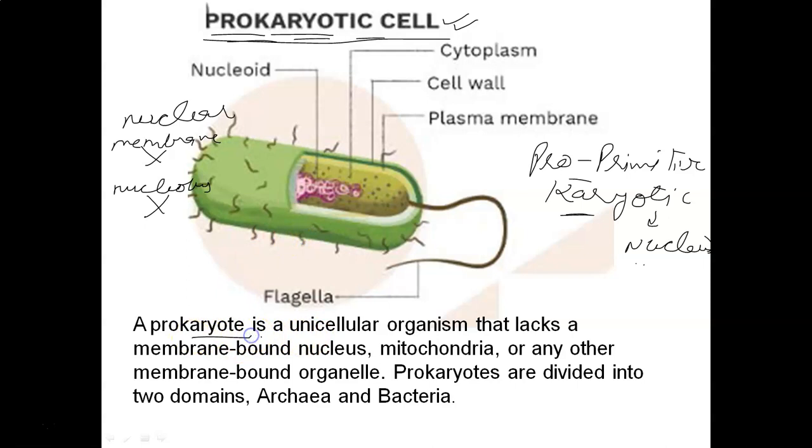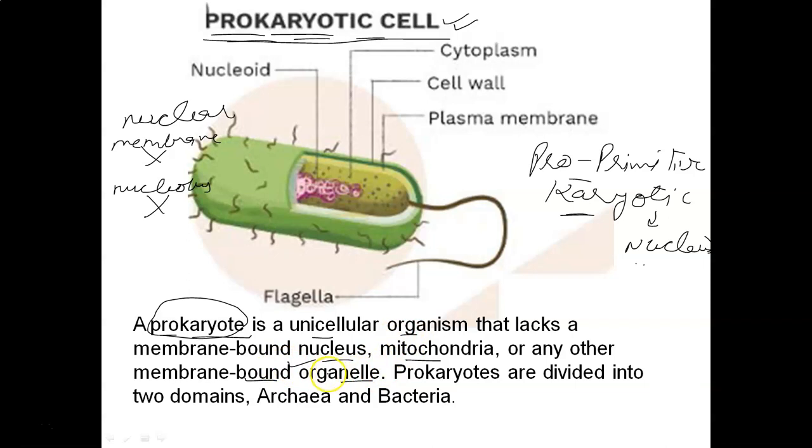So prokaryote, a type of organism. A prokaryote is a unicellular organism that lacks a membrane-bound nucleus, mitochondria, or any other membrane-bound organelle. Membrane-bound cell organelles are absent.